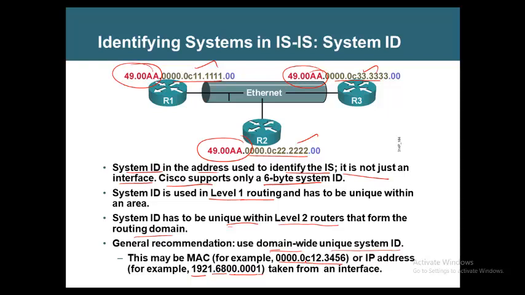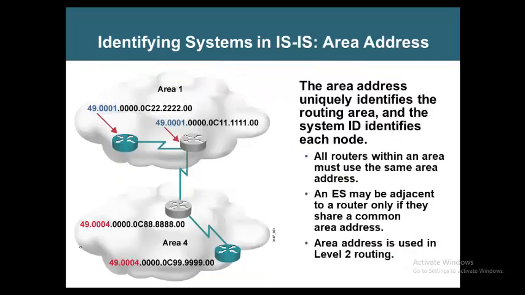So எல்லா routerலையும் within an area, between area, make sure that every router has a unique ID. Don't have duplicate system ID. Area ID தான் வேற வேற இருக்க போகுது. ஒரு ஏரியாக்கும் இன்னொரு ஏரியாக்கும் ஏரியா ஐடி தான் வேற வேற இருக்க போகுது இல்லையா? நம்ம ஏன் வந்து இதையே இங்கேயும் கொடுக்கக்கூடாது அப்படின்னு செய்யாதீங்க. அந்த கஞ்சத்தனம் வேண்டாம் அப்படிங்கிறாங்க. Make sure the system ID is unique. Even though area ID is different, still you keep the system ID also different.